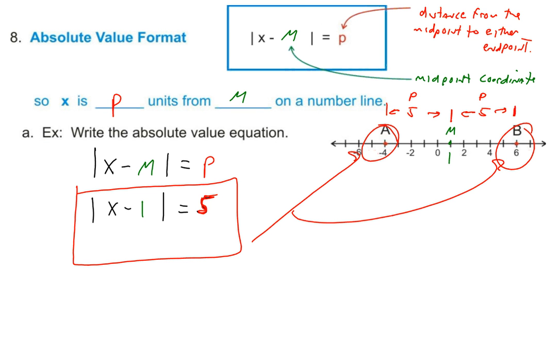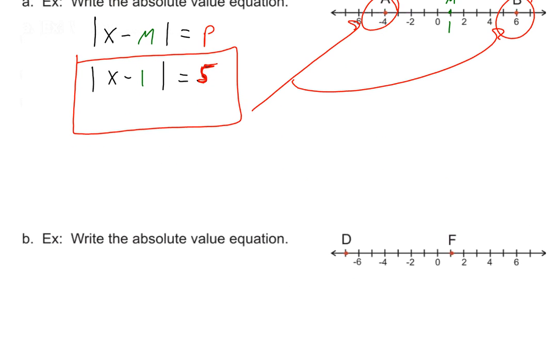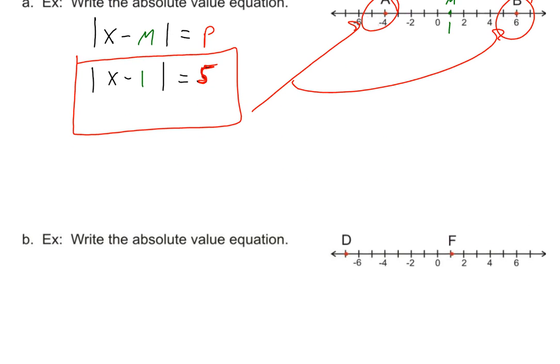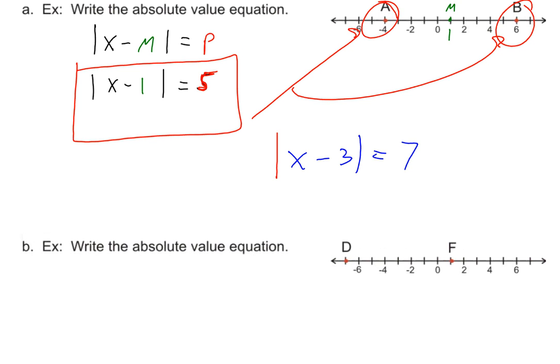Okay, so before I go any further, don't write this. Just watch for a second. All right, you ready? Just watch. Here, it doesn't matter. I'm going to go -3 equals 7. Let's suppose you had an absolute value like that. What's the midpoint? 3.